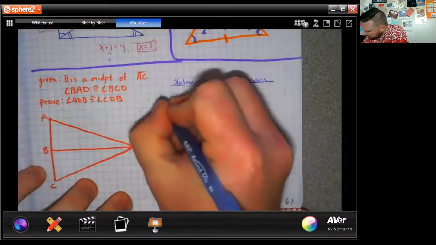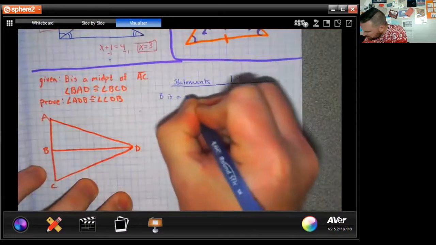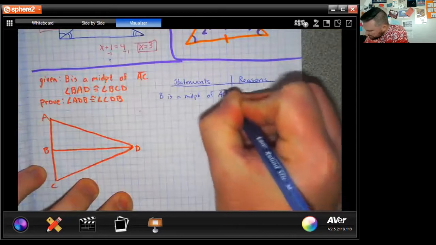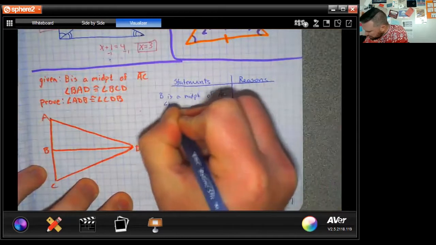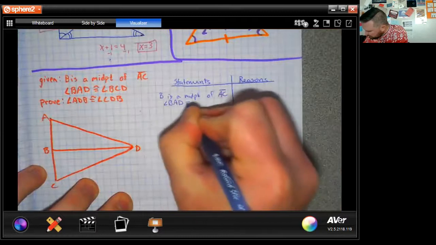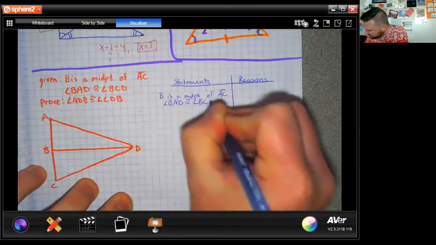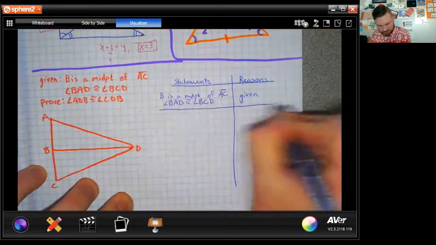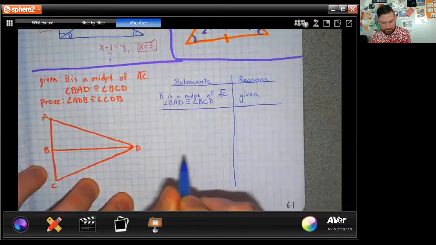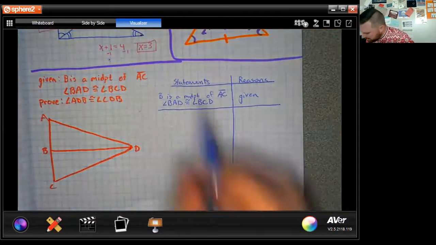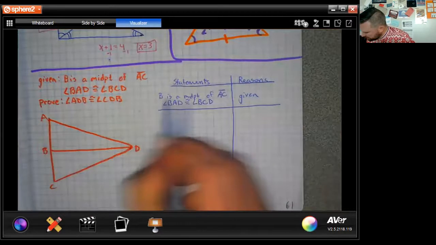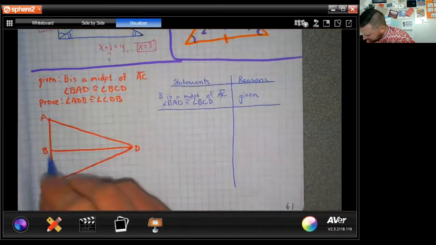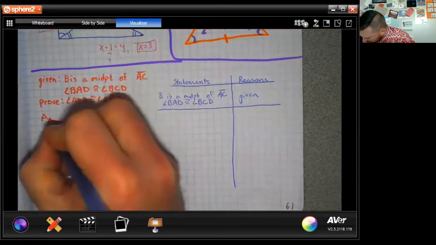So B is a midpoint of segment AC, and angle BAD is congruent to angle BCD. This is given. Okay, so let's mark this. B is a midpoint, angle BAD is congruent to BCD. So this angle and this angle are the same.